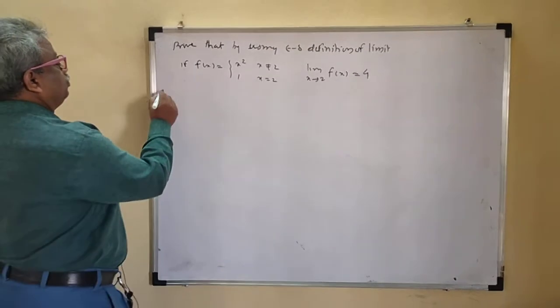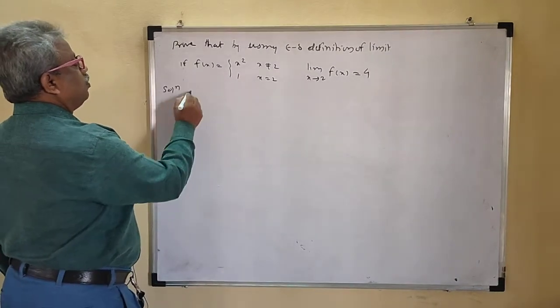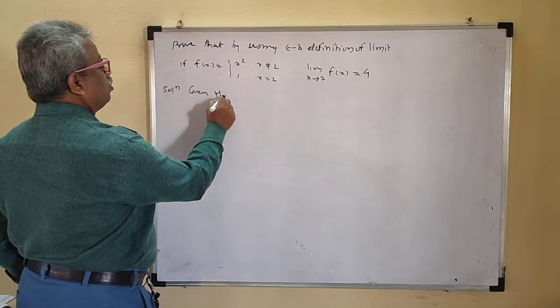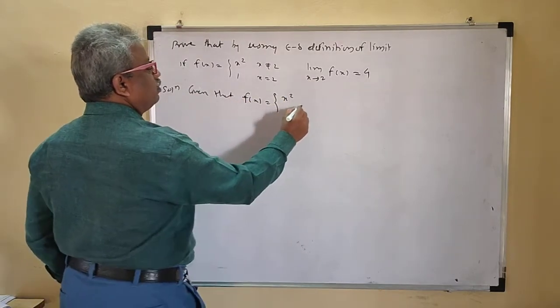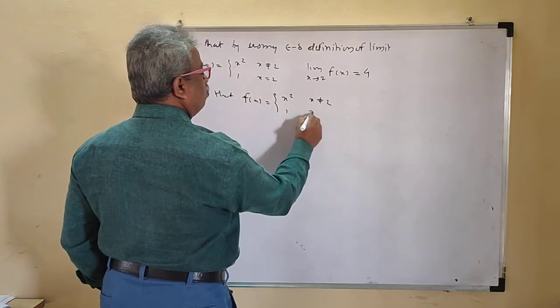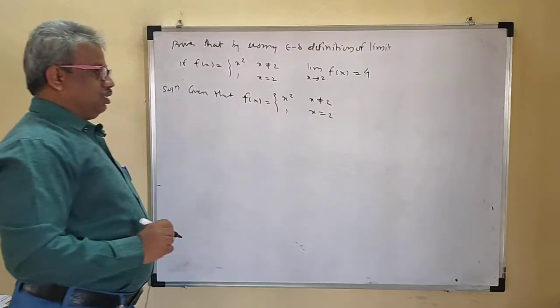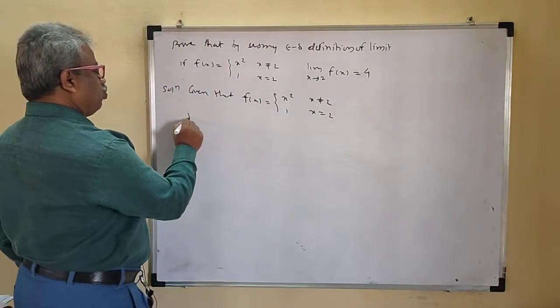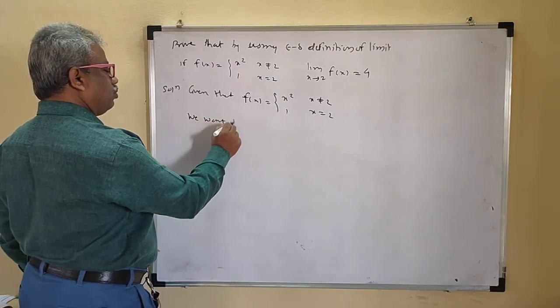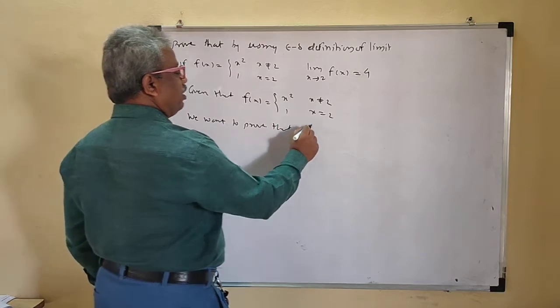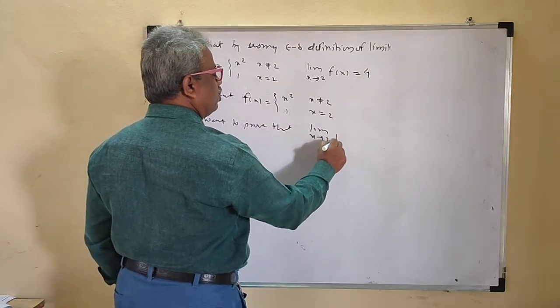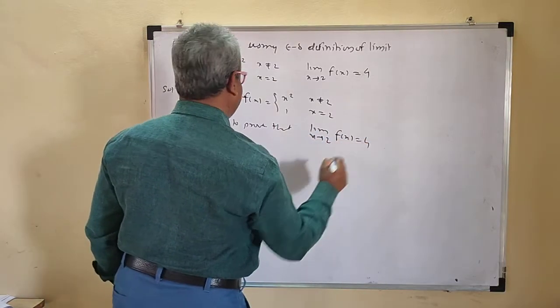Okay, solution. Given that f of x is equal to x square for x not equal to 2. So we want to prove that limit x tends to 2, f of x is equal to 4.